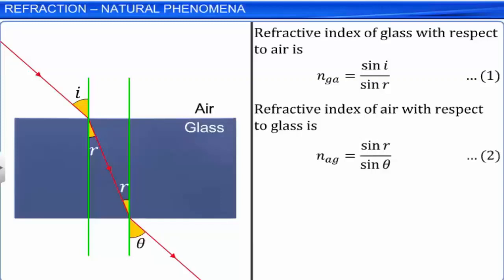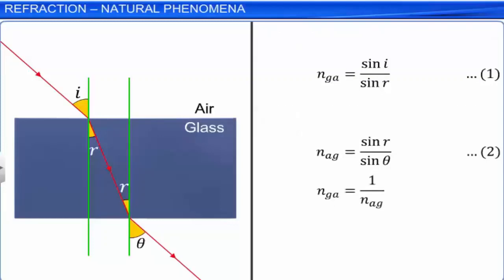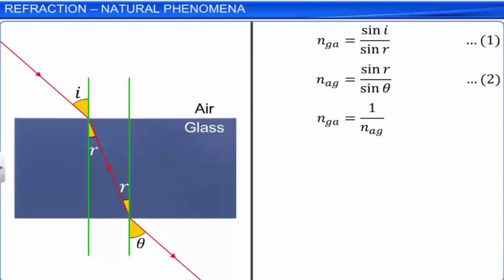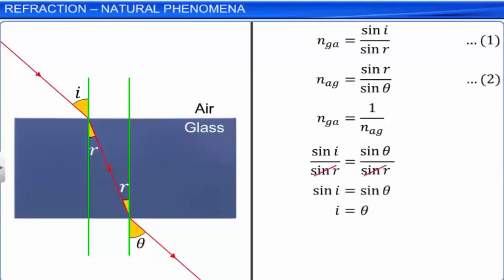On substituting the values of NGA and NAG from equations 1 and 2, and on further simplification, we get angle I is equal to angle theta. This means the emergent ray is parallel to the incident ray, and hence there is no deviation for the incident ray.